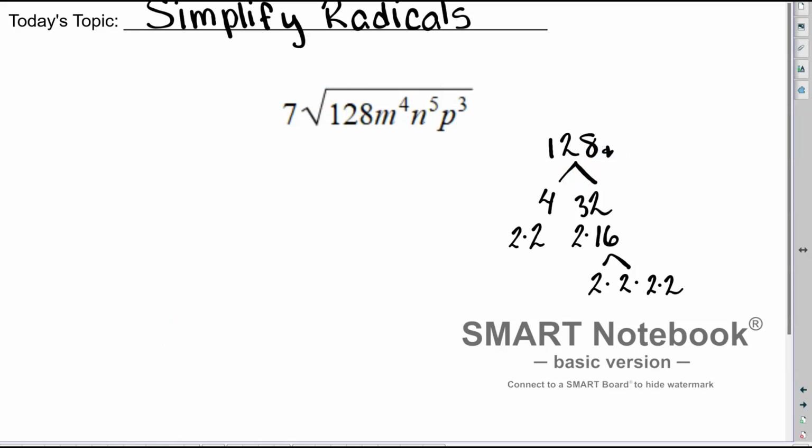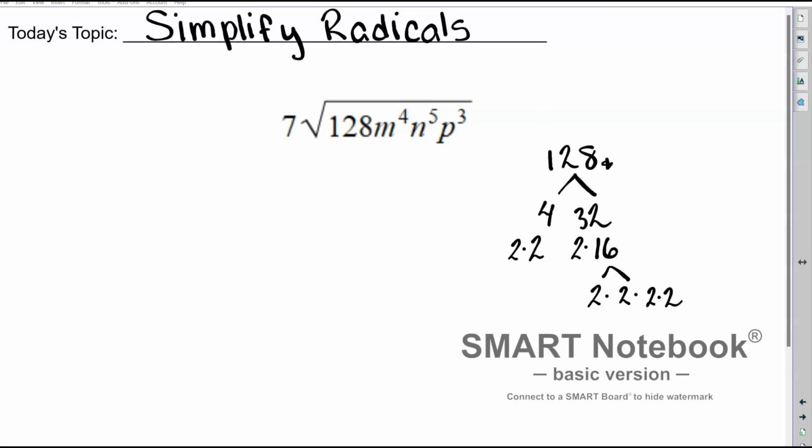Each one of these will be broken up into, I'll put in the radical, individual m's. So now we have 7.